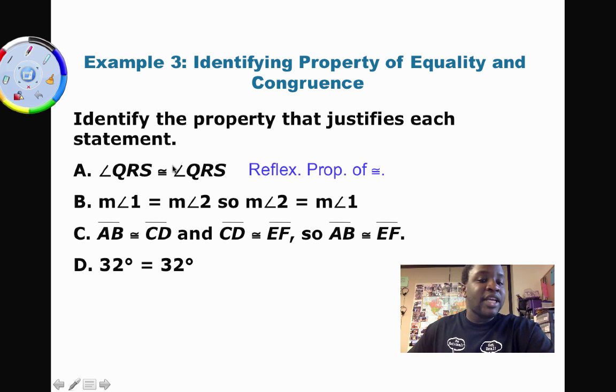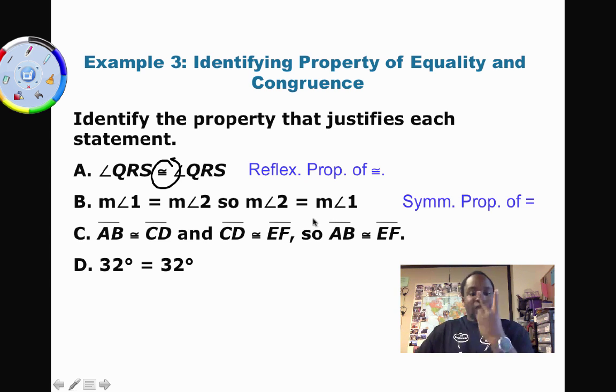But it's not equality because there's a congruence sign. Now the measure of angle 1 equals the measure of angle 2, so the measure of angle 2 equals the measure of angle 1. This is the symmetric property of equality because we have two different figures and the equal sign here is like the line of symmetry between the two different measures.